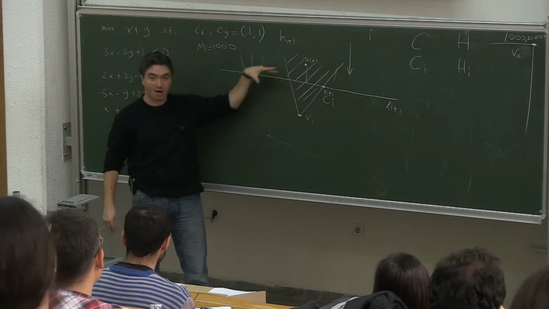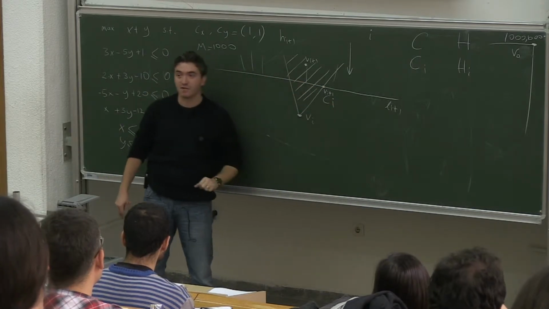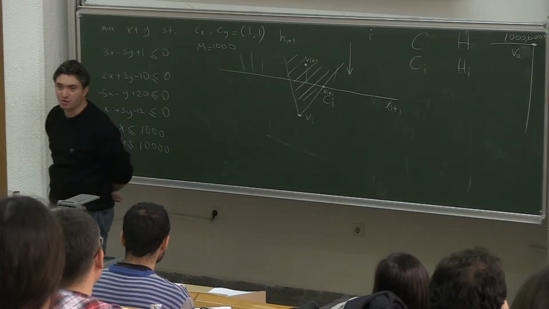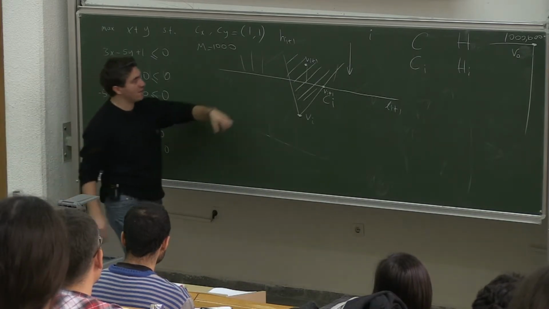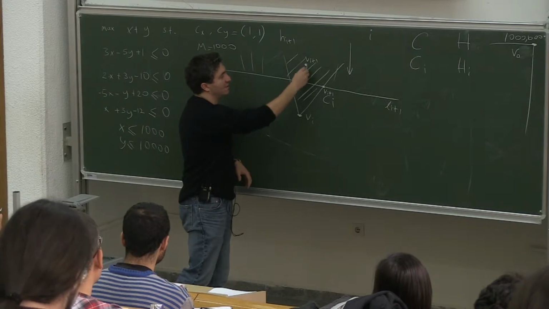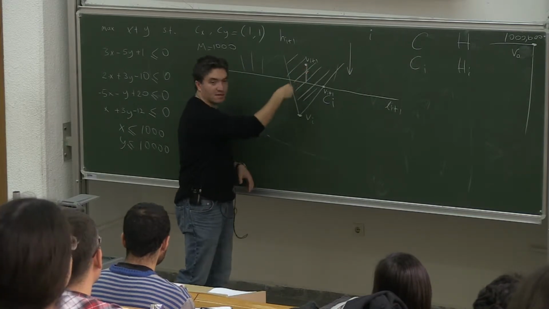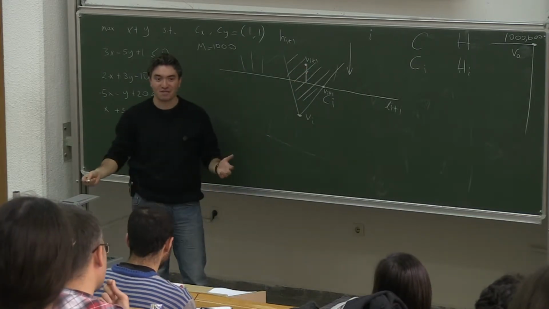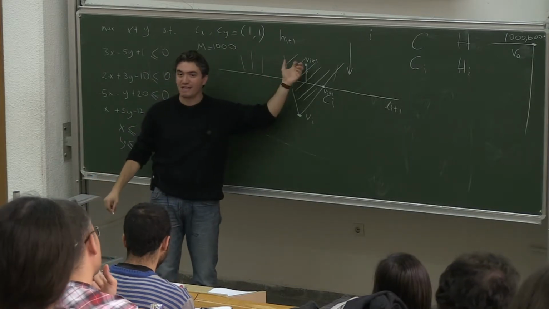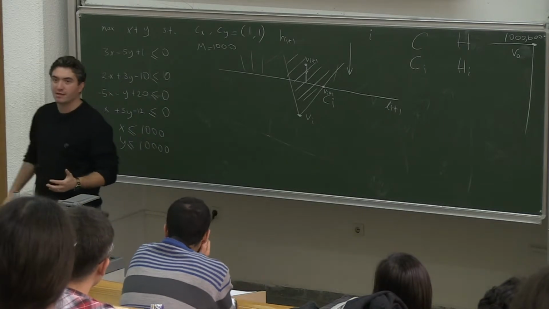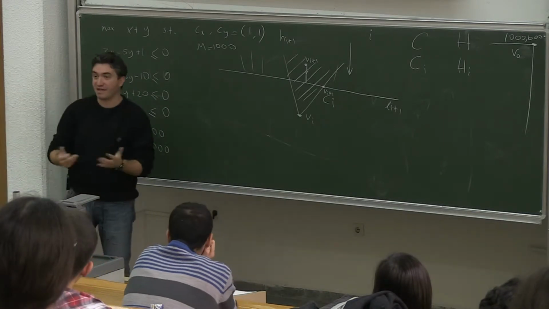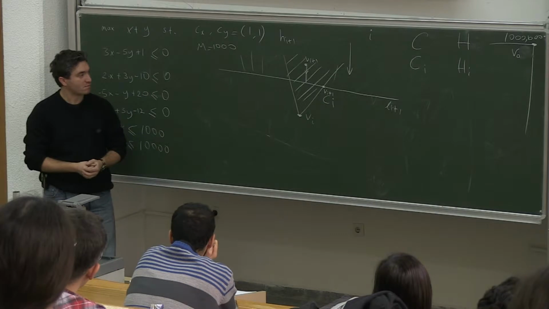It has to be on this boundary bounded by Li plus 1, by proof by contradiction. Because as you move along this line, you are always increasing the objective function, so it cannot be contained inside this feasible region. It contradicts the definition of maximizing the objective function.